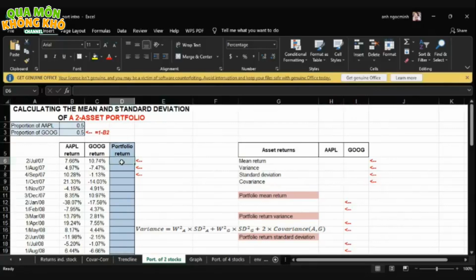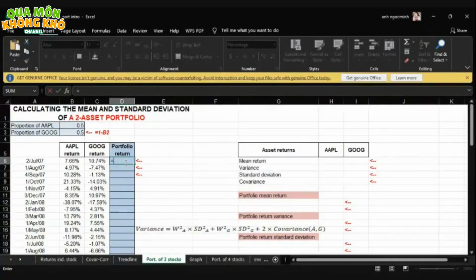And about the portfolio return, we just take the equation: the proportion of Apple multiplied by the return of Apple, plus the proportion of Google multiplied by the return of Google.